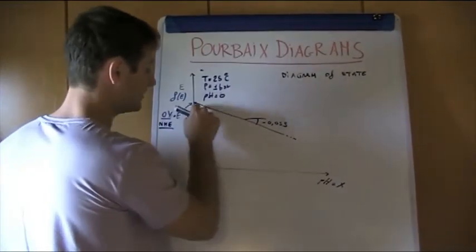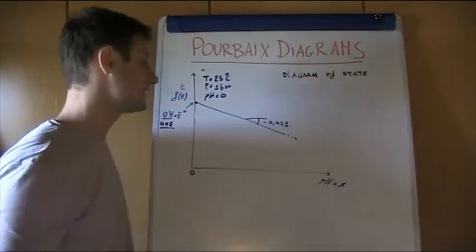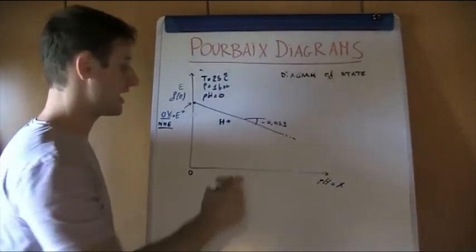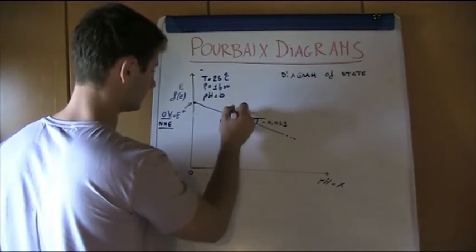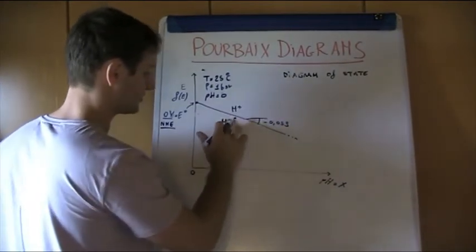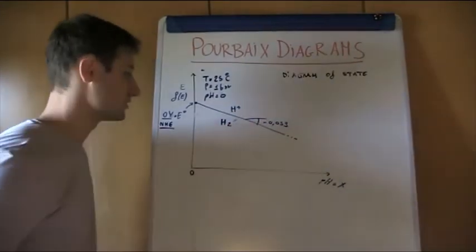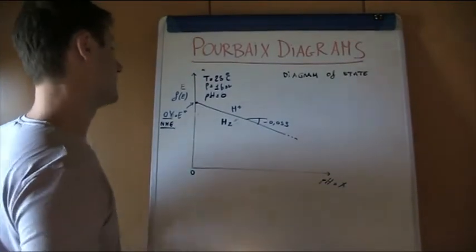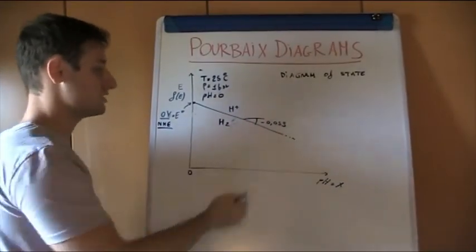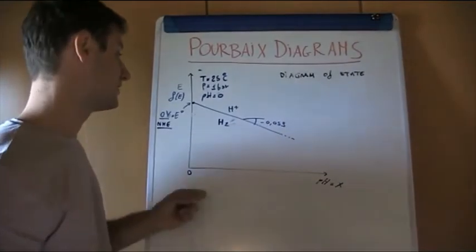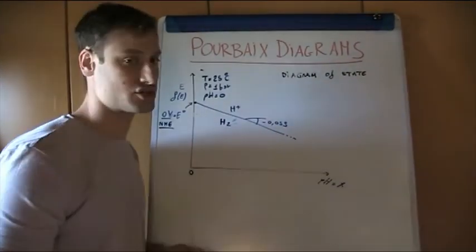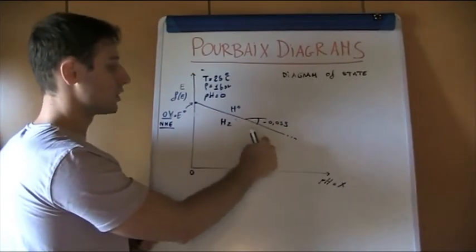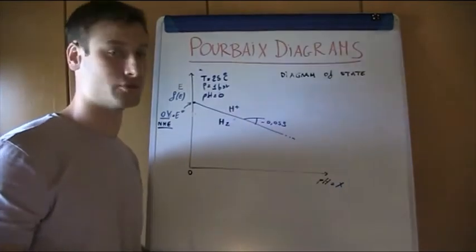Because this is an equilibrium line that separates the stability zone of H plus and hydrogen. So we can appreciate that, increasing the pH, the resistance toward oxidation is decreasing, whereas the resistance toward reduction is increasing. So it's easier to oxidize and more difficult to reduce.